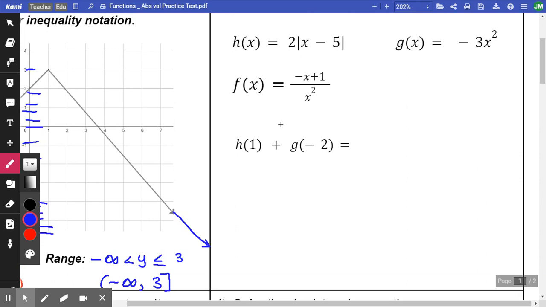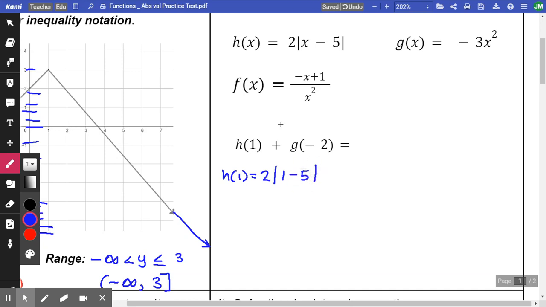So to get started, why don't we evaluate h of 1 first. Let's call this blue. So h of 1, using the h function, I'll plug in 1 in for x. So we have 2 times the absolute value of 1 minus 5.